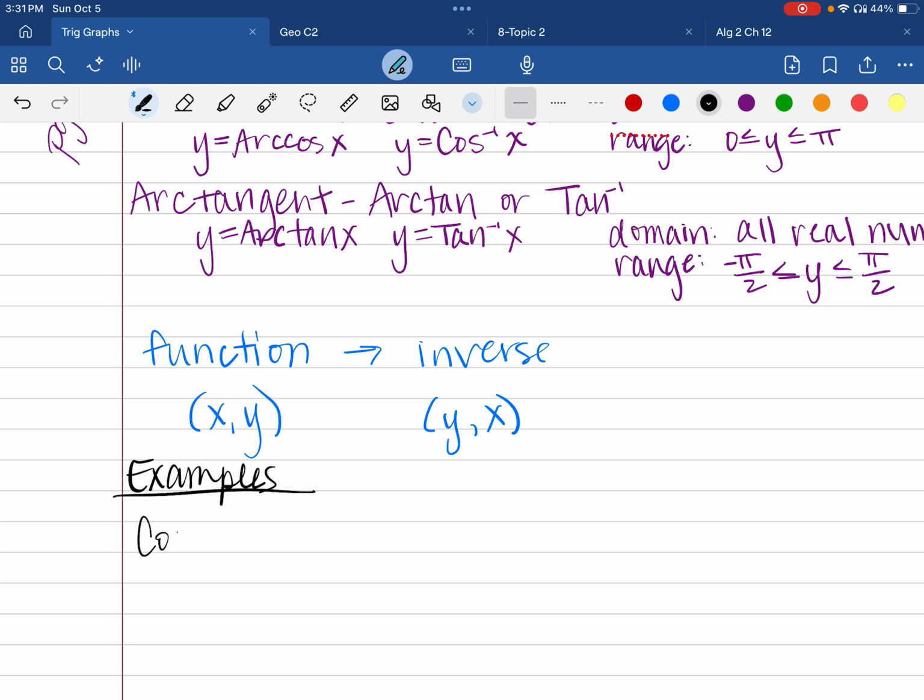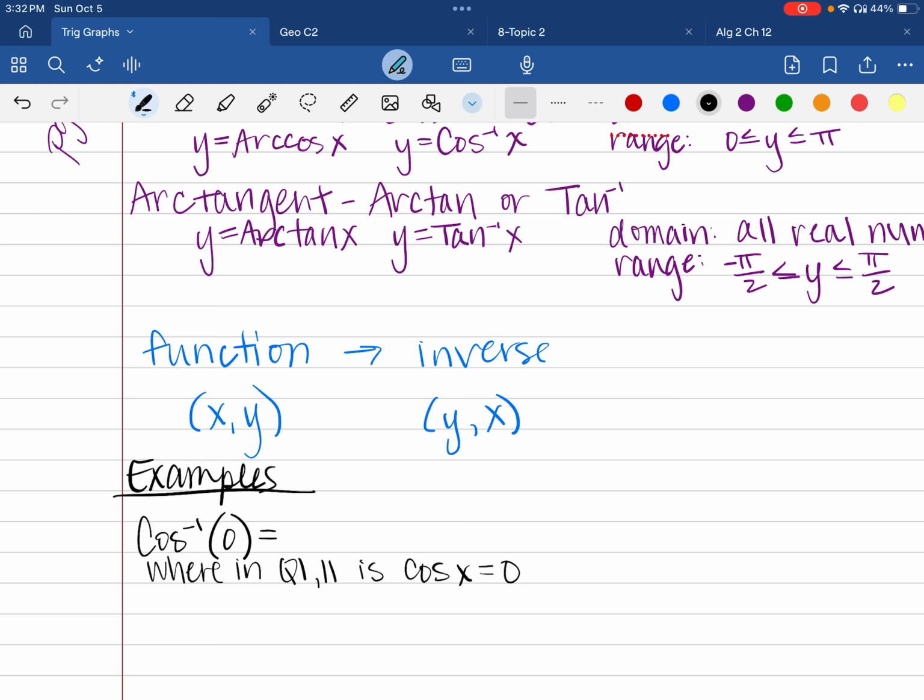So it might ask us to evaluate inverse cosine of 0. You're going to look at your unit circle and determine where in quadrants 1 or 2 the cosine of x is equal to 0. What angle has a cosine of 0?